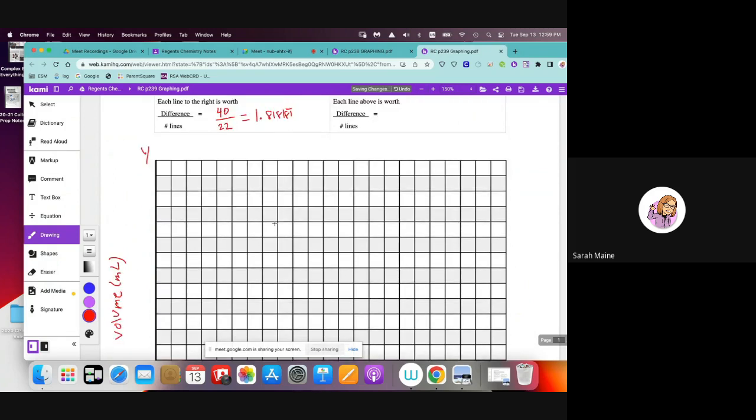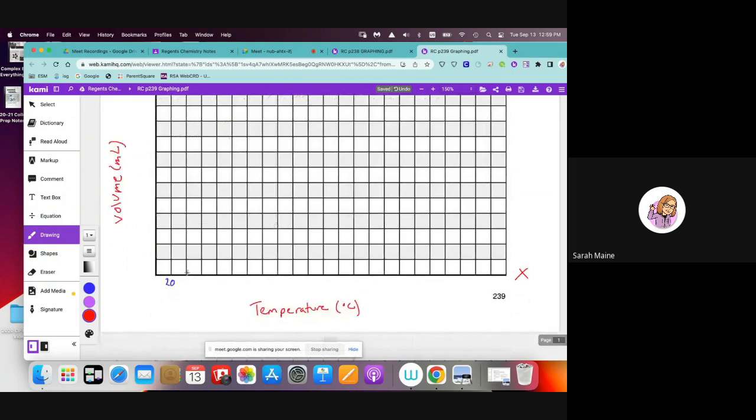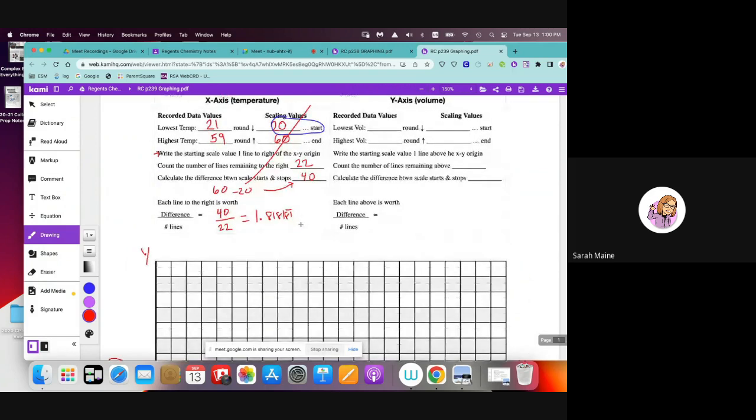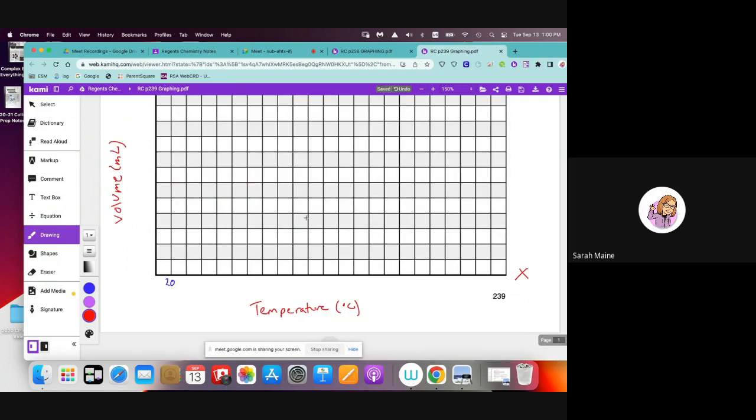So that means the next line is 1.818181 to infinity more, and then another 1.818181 to infinity. That would be really hard to write down. So I am going to round this to a reasonable, easy number to work with. 1.8 easily rounds up to 2. So I'm going to make each line 2 more than the previous.